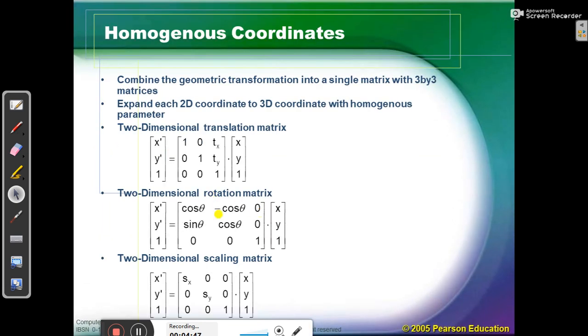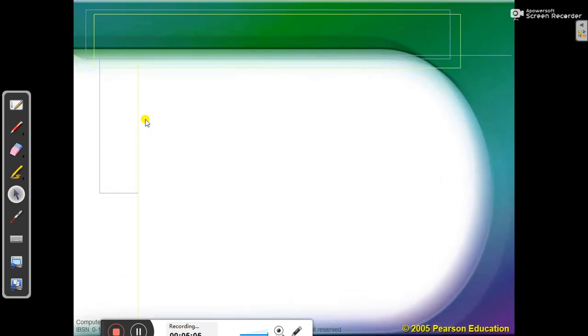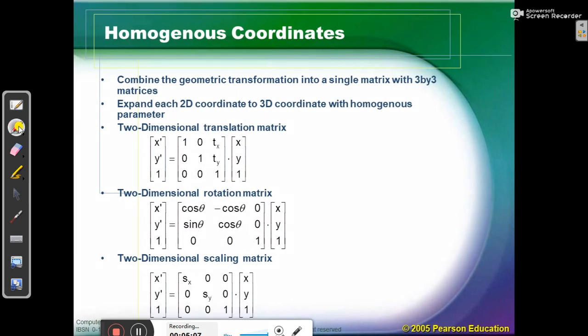If we convert the previous equation into a homogeneous equation, it will be like this, combining the geometric transformations into single 3 by 3 matrices. Expand each 2D coordinate to a 3D coordinate with the homogeneous parameter.